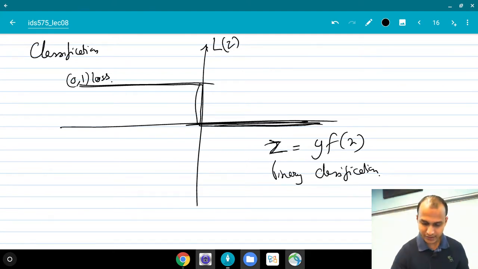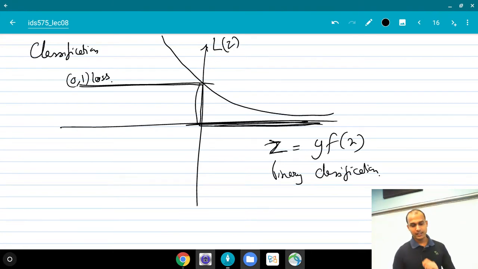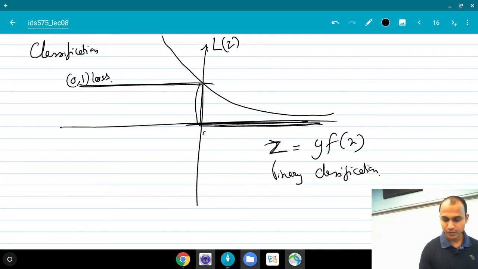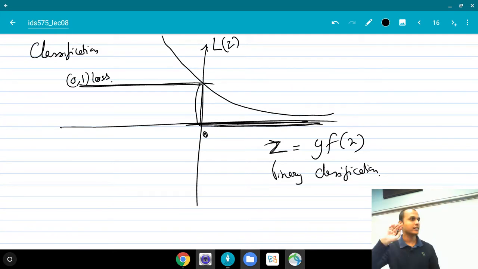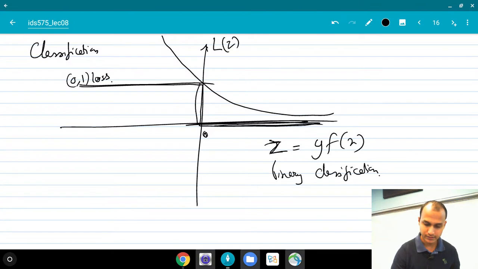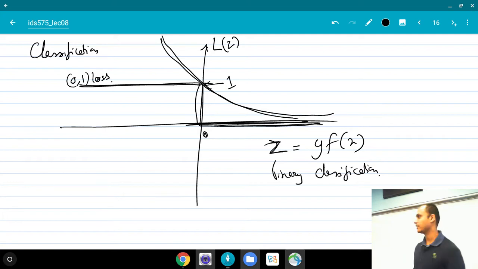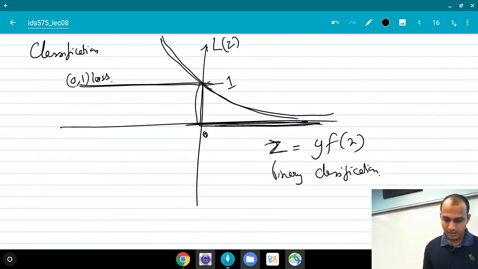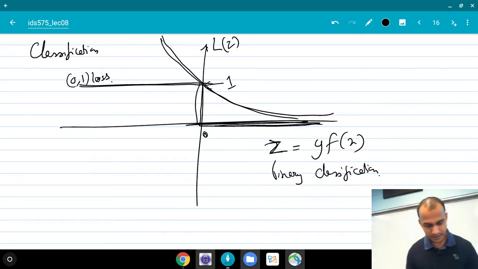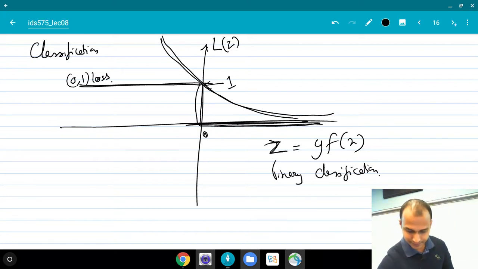And exponential loss is a loss function which looks like this. At y times f of x equal to 0, e to the power 0 is 1. So this point is 1, and otherwise it dominates this step function. That's exponential loss. And there's something called hinge loss.